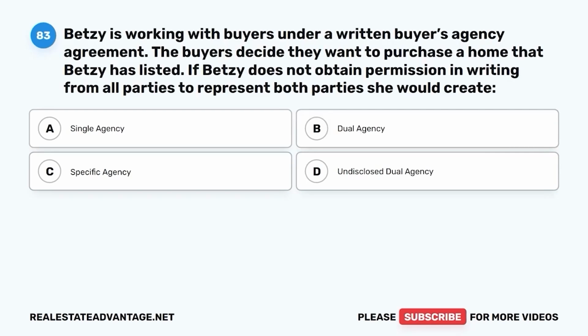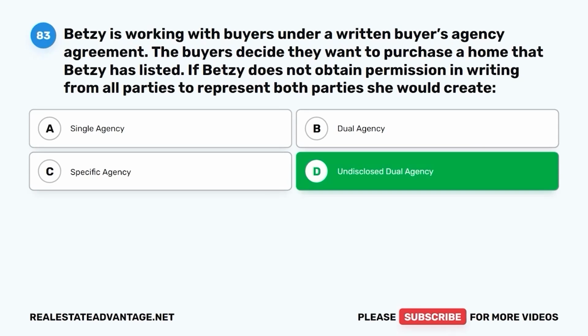Question 83. Betsy is working with buyers under a written buyer's agency agreement. The buyers decide they want to purchase a home that Betsy has listed. If Betsy does not obtain permission in writing from all parties to represent both parties, she would create A, single agency, B, dual agency, C, specific agency, D, undisclosed dual agency.